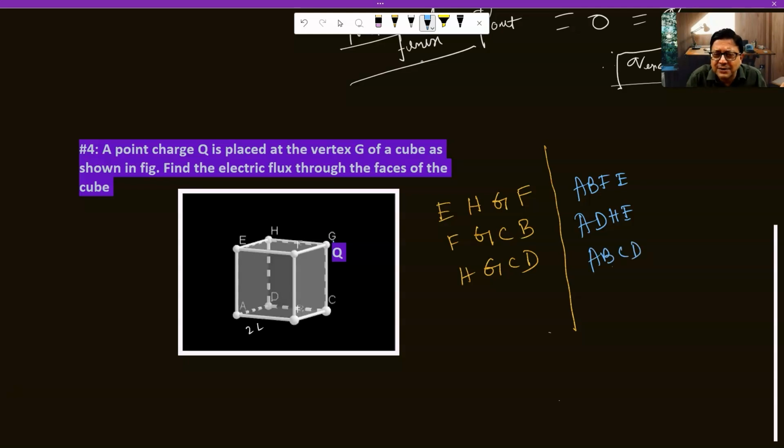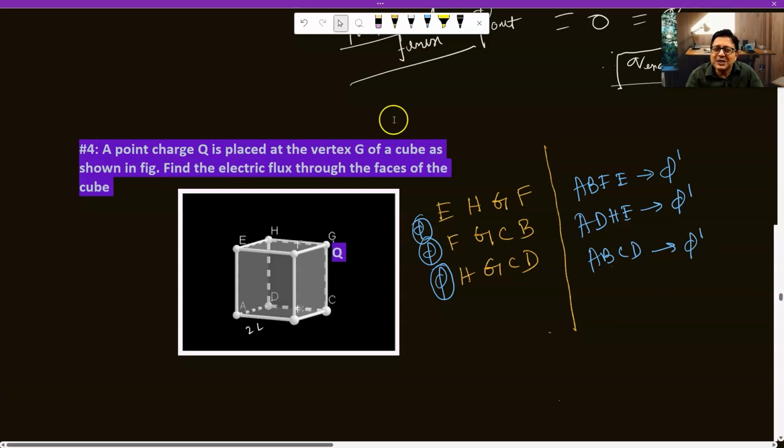The symmetry principle says that the flux passing through this group, this system of faces of the cube, if it is phi here, it will be phi here, and this also will be phi. Again, symmetry says that if through this face it is phi dashed, through this face phi dashed, through this also it will be phi dashed.